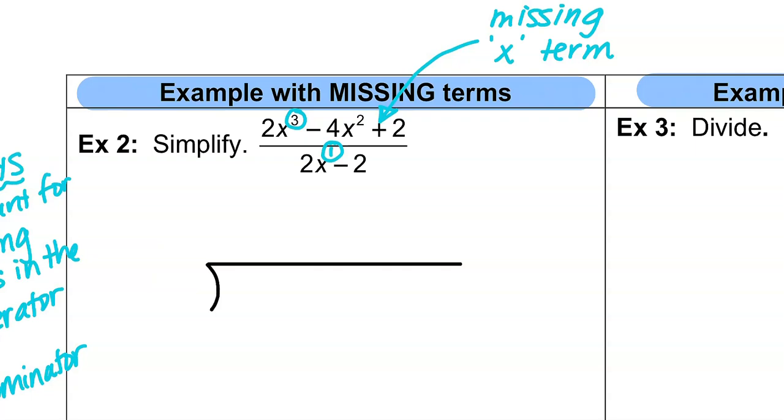And I'm going to rewrite the 2x to the third minus 4x to the second. And then I'm going to put in a 0x here and plus 2.